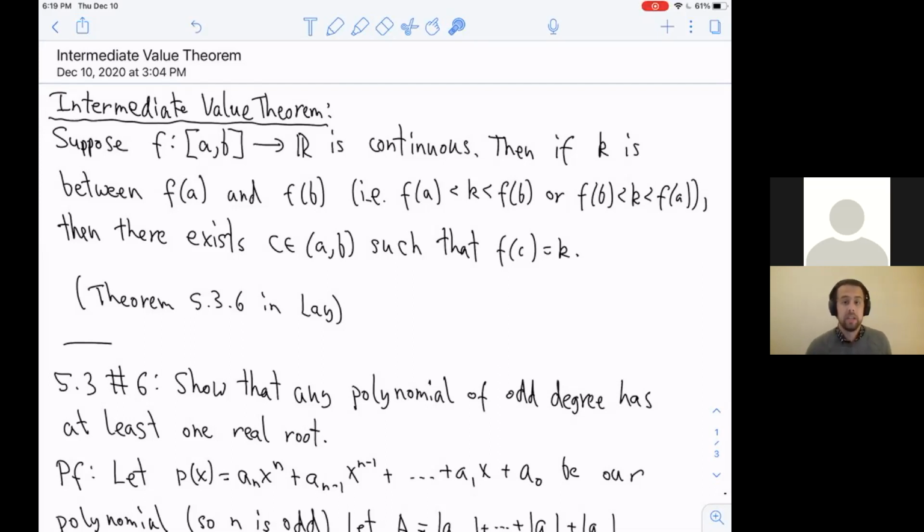As you might remember from your algebra class, any complex roots come in conjugate pairs, so all the non-real roots must be an even number in total. And so if we have odd degree, there must be an odd number of roots in total counting multiplicity, and at least one of them has to be real. We're not going to prove it that way, though. We're going to prove it using the intermediate value theorem.